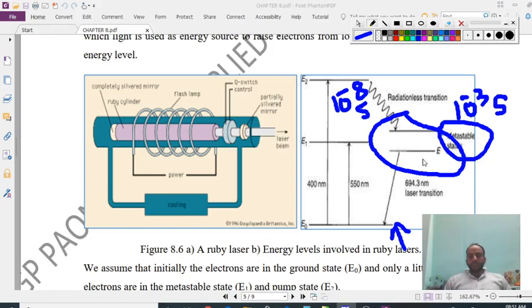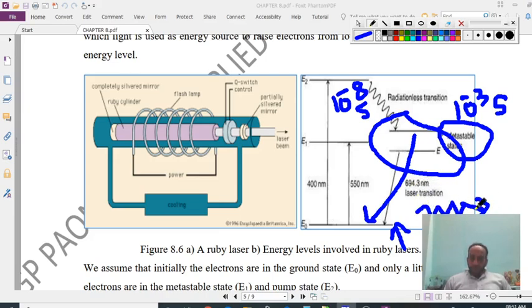If this condition is achieved, then the electrons or atoms in this metastable state come down to the E0 level by releasing a photon of wavelength 694.3 nanometers.